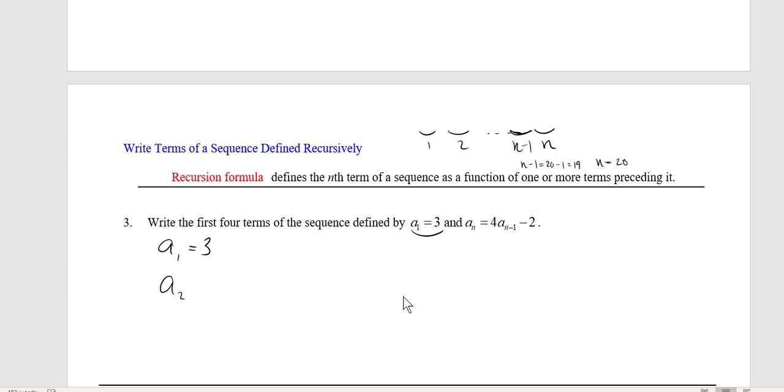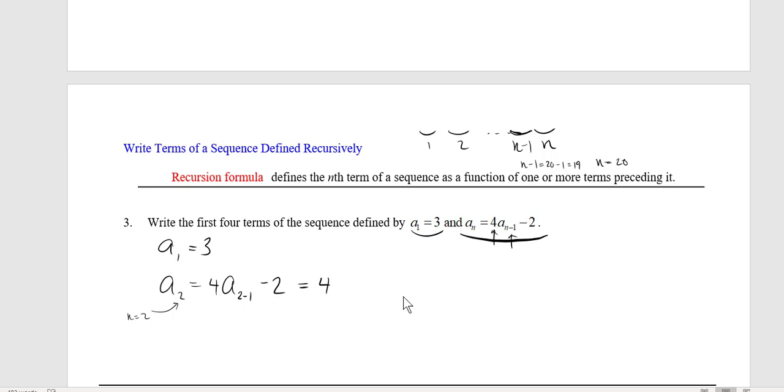A2. Keep in mind, that says we're looking for an n value of 2. So plugging into this formula, we'd say A2 equals 4 times a n minus 1, n equals 2 minus 1, minus 2. And what is this?